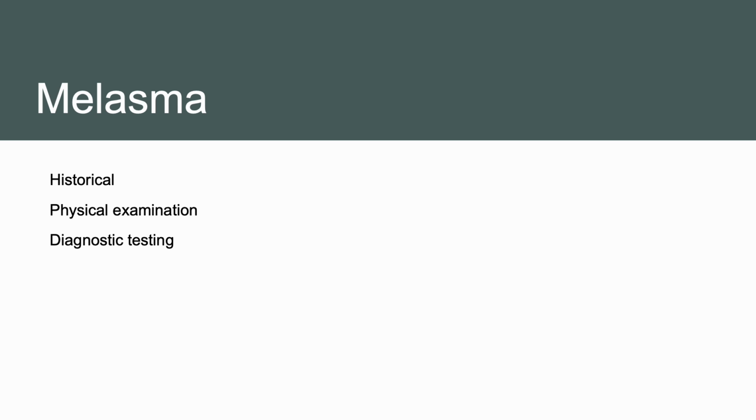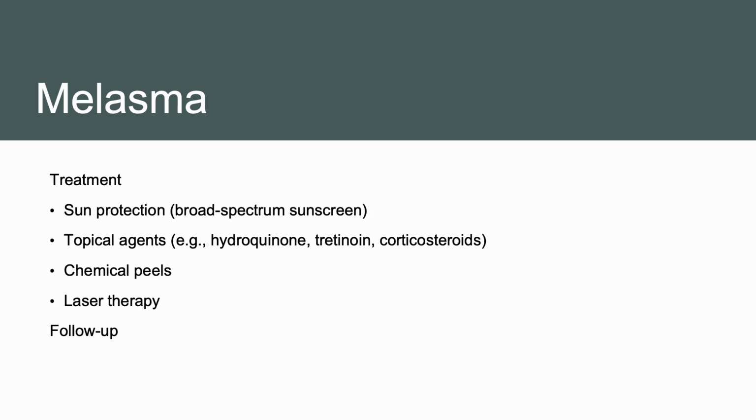Patients may report gradual onset of pigmentation, often exacerbated by sun exposure or hormonal changes. On exam, we see well-demarcated hyperpigmented patches in a symmetrical distribution. For treatment, sun protection involving a broad-spectrum sunscreen is extremely important.